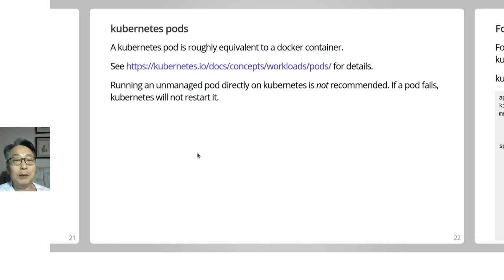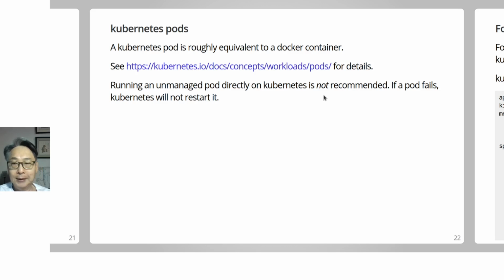So what is a Kubernetes pod? A Kubernetes pod is roughly equivalent to a Docker container, the Docker container that you built in the last exercise. Use this reference link for details. Now, running a pod which is unmanaged directly on Kubernetes is strongly not recommended.